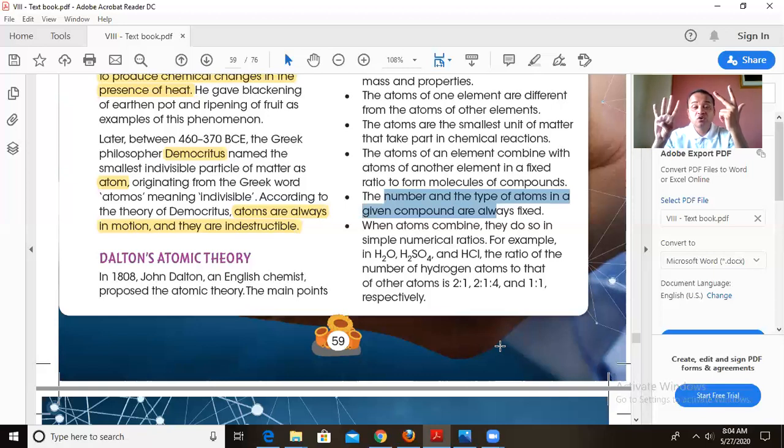O4, 4 oxygen. So the ratio is 2 to 1 to 4, a simple numerical ratio. Is it clear? So they combine in simple numerical ratios to form the respective compounds.